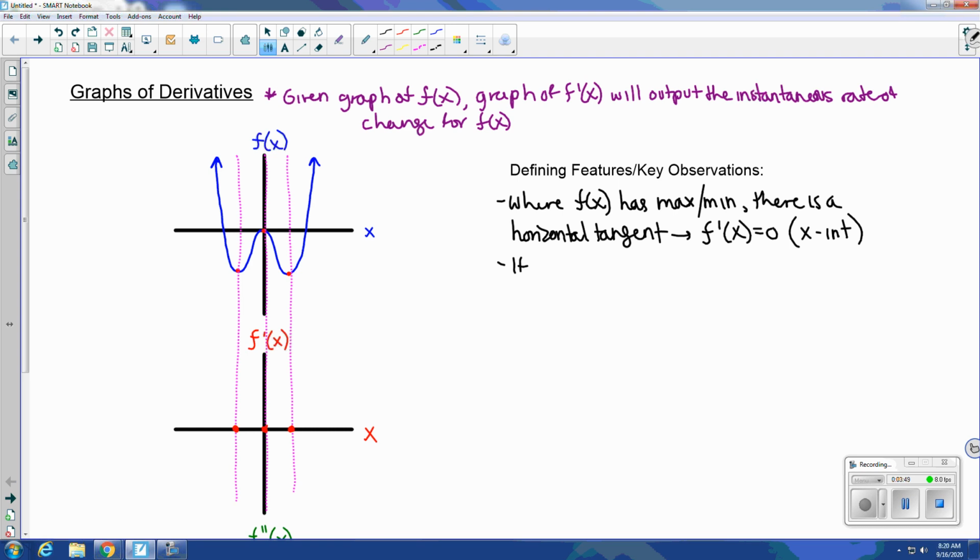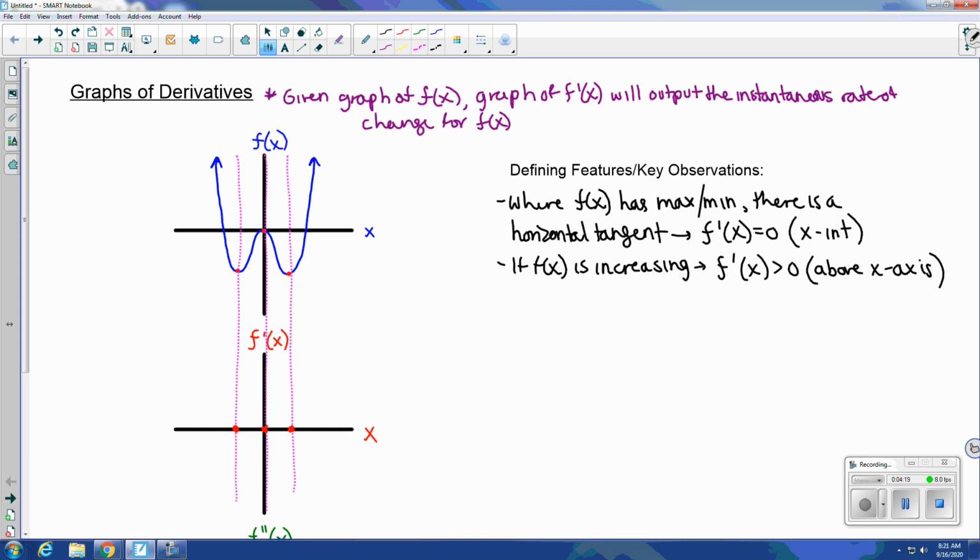So, if f of x is increasing, that would imply that the rate of change is positive, which means if f prime represents the rate of change, the graph should be greater than 0, and visually that means it will be above the x-axis.